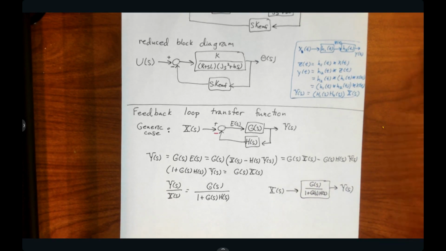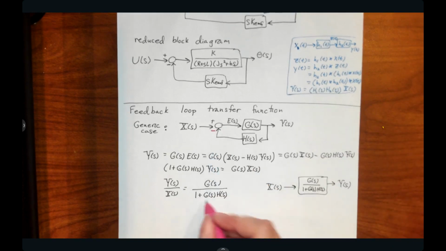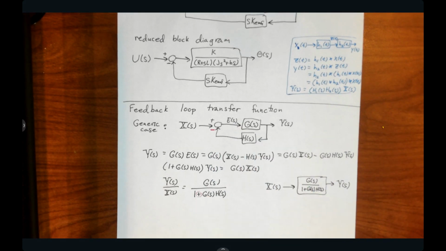One thing to note: we had a minus sign here, and notice that we have a plus sign in the denominator. If you don't remember this form, you can always do this solution here. Or if you happen to remember this, then anytime you see something that looks like that, you can just do this substitution.